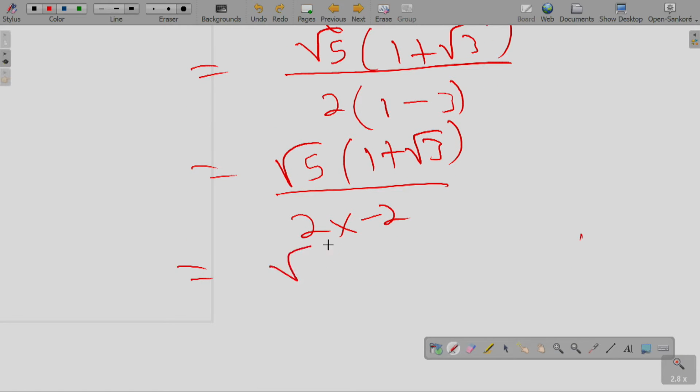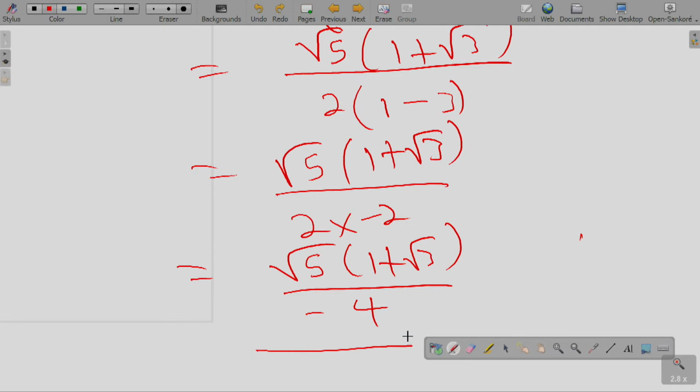And so the answer is square root of 5 times 1 plus square root of 3 over negative 4. And this is our answer.